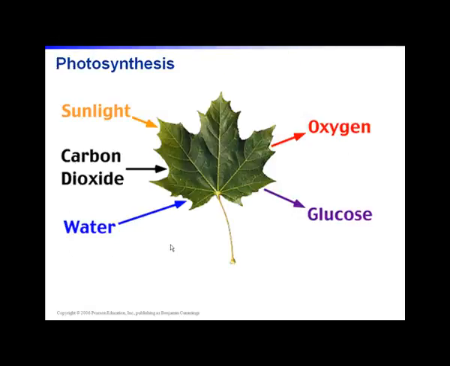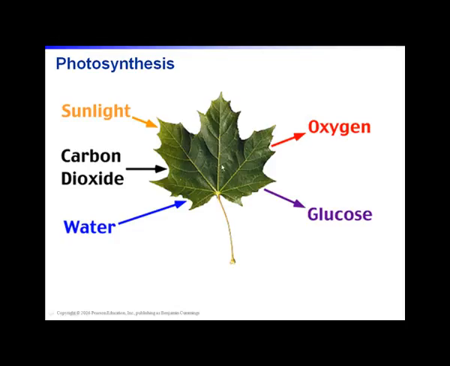The basic idea, right, is that producers or autotrophs take in sunlight, carbon dioxide, and water. So essentially, if you think about it as a plant, this plant is taking in water from the roots, it's taking in carbon dioxide through little pores in the leaves, little openings, and it's catching that radiation of sunlight that we saw in the electromagnetic spectrum.